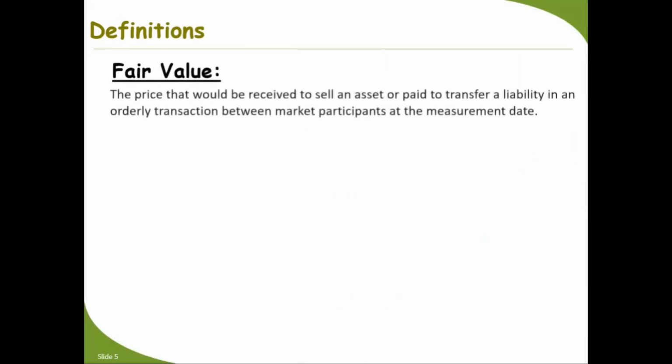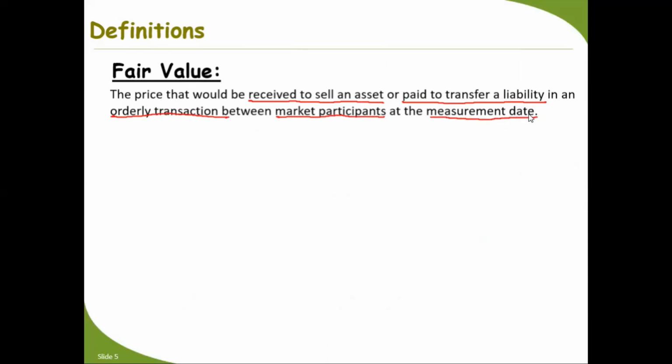Now, what are the important definitions? First one: what is fair value? The price that would be received to sell an asset or paid to transfer a liability in an orderly transaction between market participants at the measurement date.